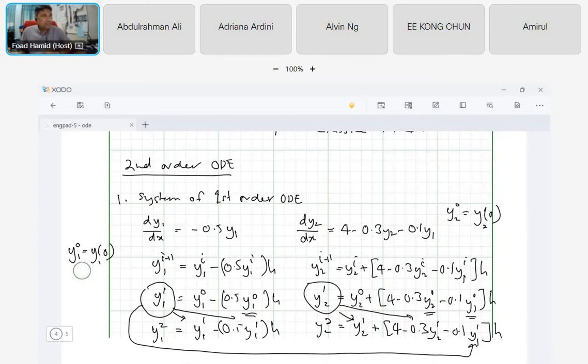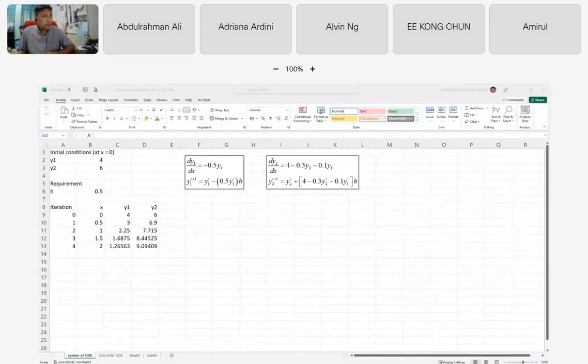Let me share with you my Excel here. So this is the calculation. To find y1, we need the initial condition.